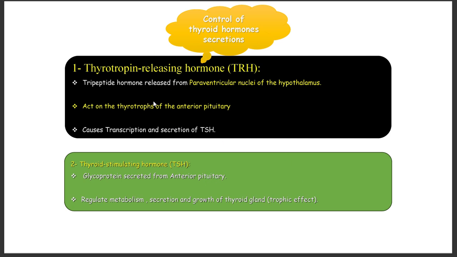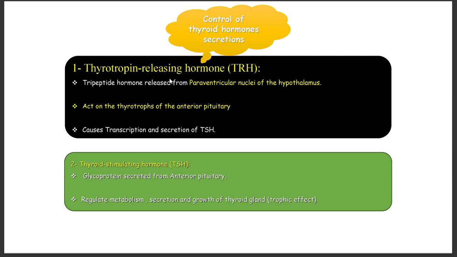We have the thyroid releasing hormone. We've already talked about this. Thyroid releasing hormone is released from the hypothalamus. To be specific, in the hypothalamus there is what is known as the paraventricular nucleus. That paraventricular nucleus of the hypothalamus is the one that releases the thyroid releasing hormone.